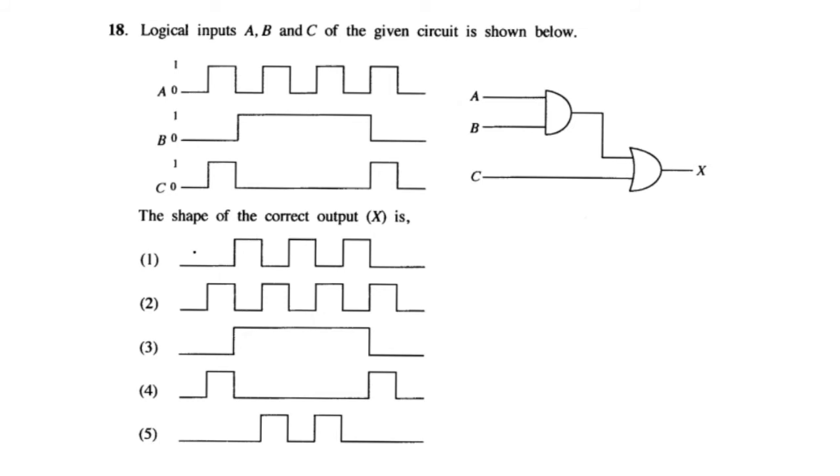And you can see that A and B are the two inputs to the AND gate. So we can write the output of the AND gate.